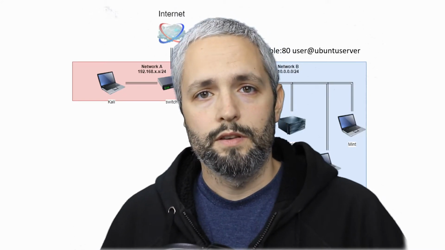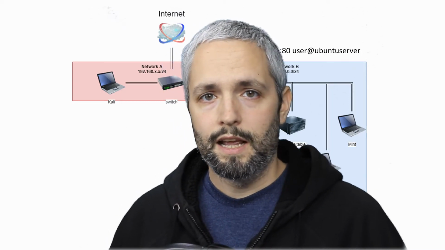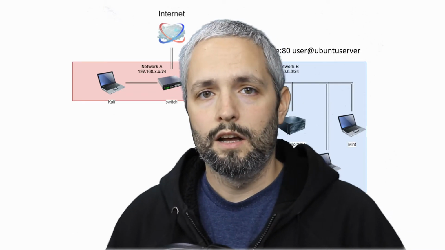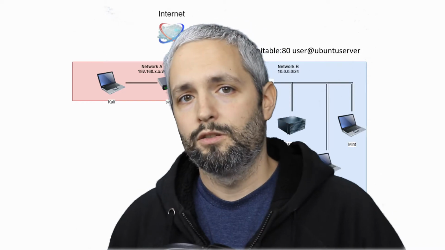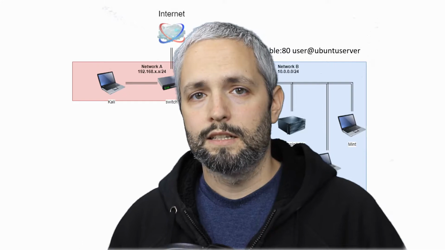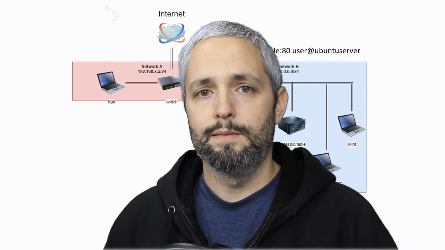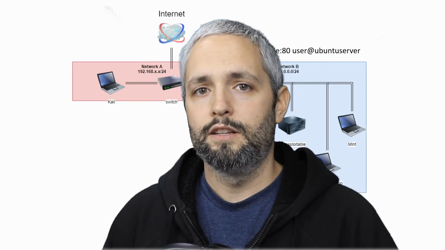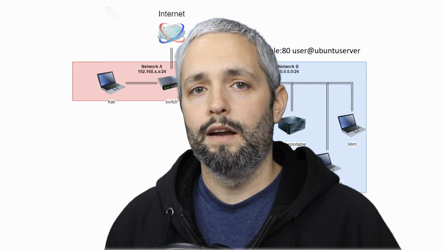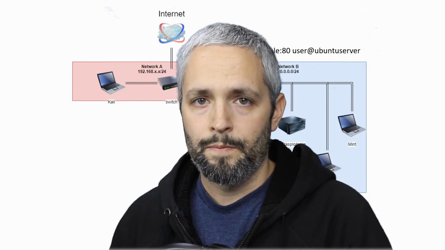So, for example, if you have a machine that is outside of the network, let's say your Kali instance, and you want to do something inside of another network, but you can't directly access that resource, you can use SSH tunneling to access a server that, for example, is being NATed through the firewall, and you can SSH directly into that host inside of that network. And then from there, have that host forward on your connections to your target machine.